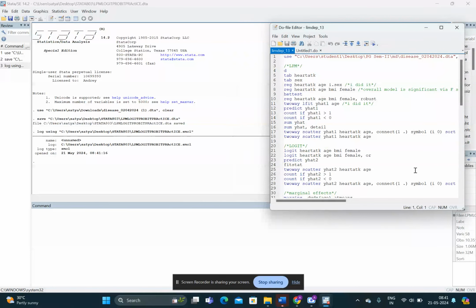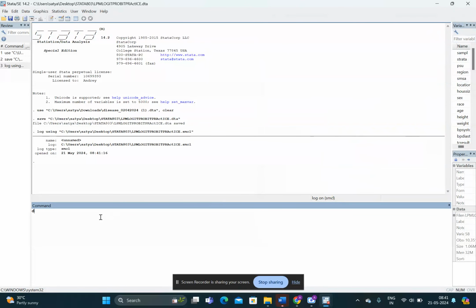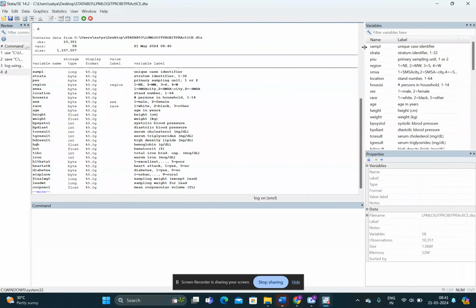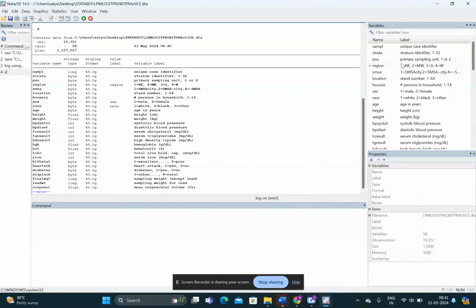Okay. So for the particular data set we have, we first need to see how the data is described. So we will do a D command. As we can see, it is a data on health related statistics, and we have the data on the basis of household, the place where the patient lives, the gender of the patient, the religion, the age, race, and such other things.